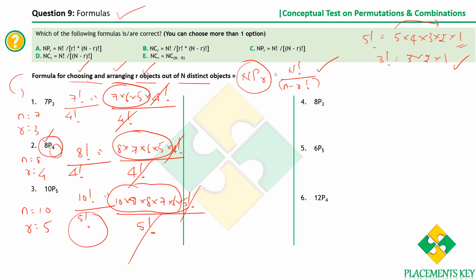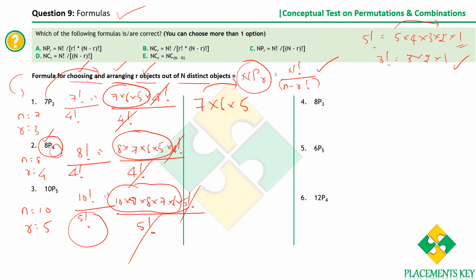So clearly we are seeing that there is some kind of redundancy. What is happening here? We are multiplying something and we are dividing something. So in order to reduce this redundancy, let's try to understand what is happening. 7P3, what is happening? We are writing 3 consecutive numbers in descending order starting from 7, right?